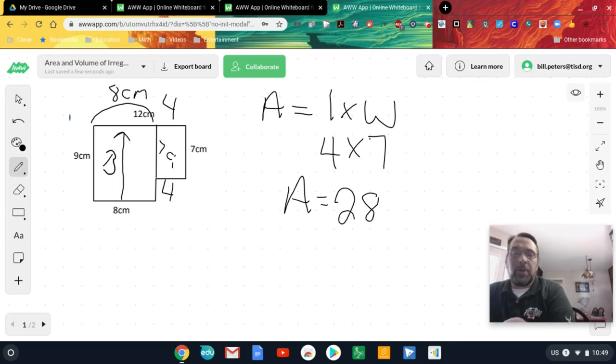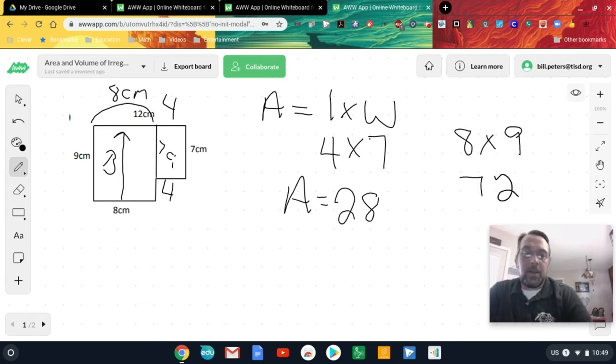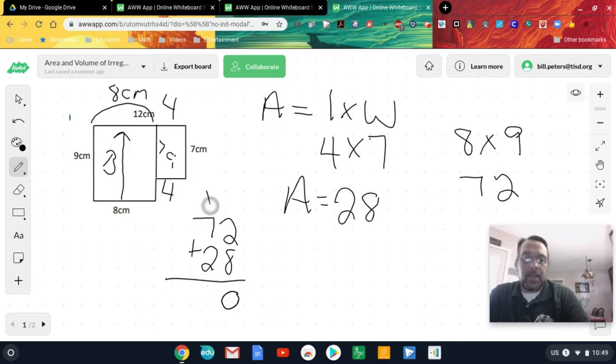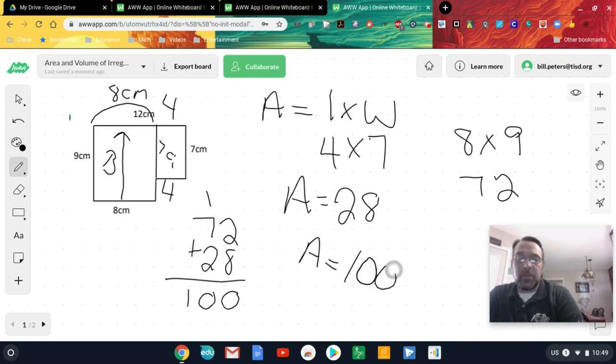So then I will do 8 times 9 and get 72. Now I'll take 72 plus 28. That's 10, 9, 10, 100. My area for this irregular shape is 100 square centimeters.